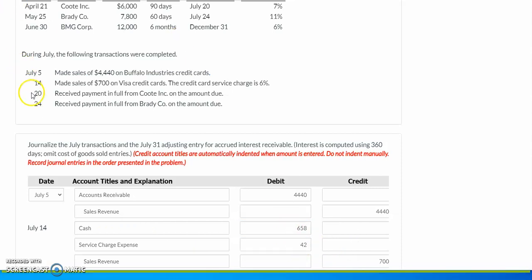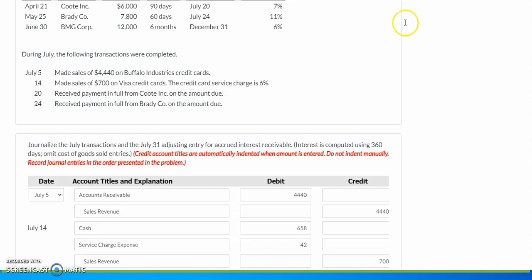Next, we're going to record our journal entries on July 20th and July 24th. And in both of these two journal entries, the company received payment in full on the amount due. So remember how we have these three notes receivable amounts. Now we're going to receive the cash that is due from these three parties.